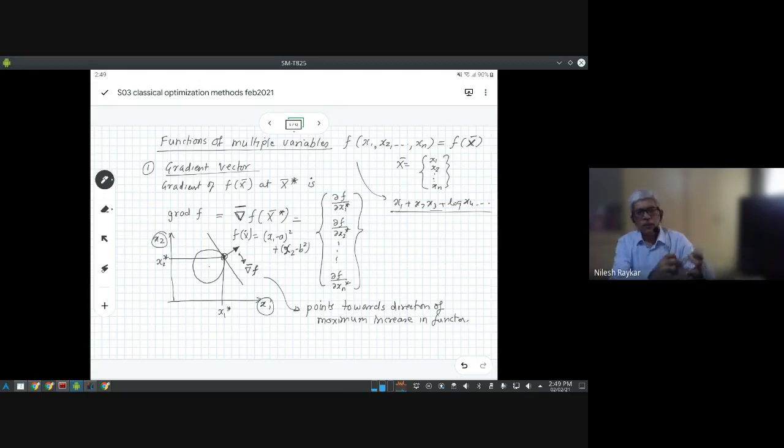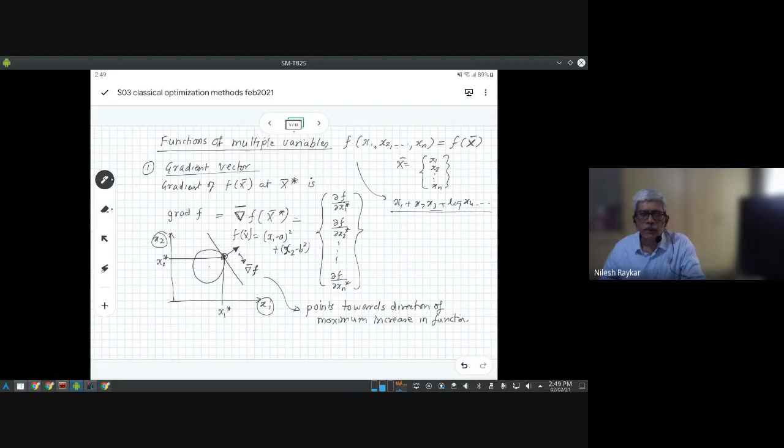The quantity which is equivalent to the second derivative, which we need for processing these multi-dimensional variables, takes the form of a matrix. So it is no more a scalar. In univariate, the first derivative as well as the second derivative is a number.